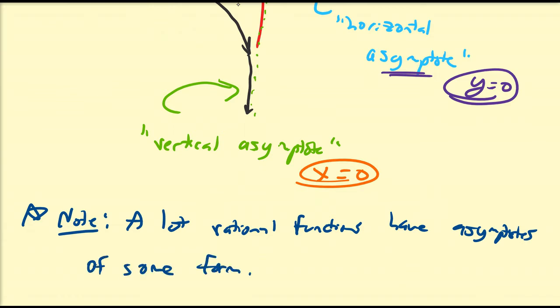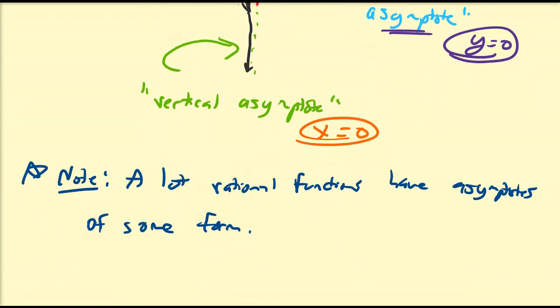They could have one horizontal asymptote, two vertical asymptotes. You could have what we call slant asymptotes and parabolic asymptotes. We'll get into these more intrinsic details later, but overall they have these lines or curves that the rational function approaches but never quite touches.